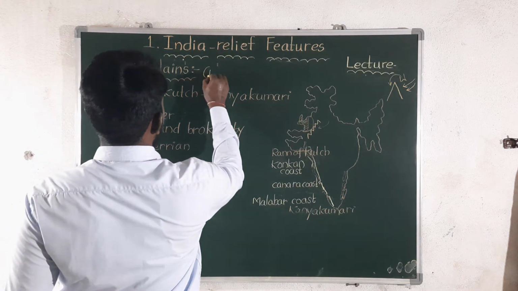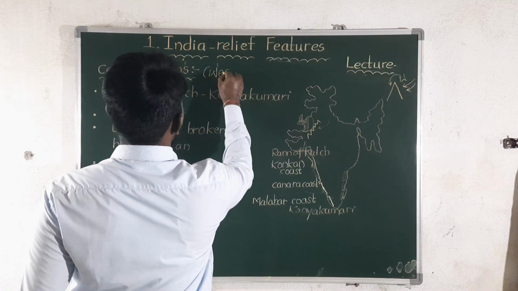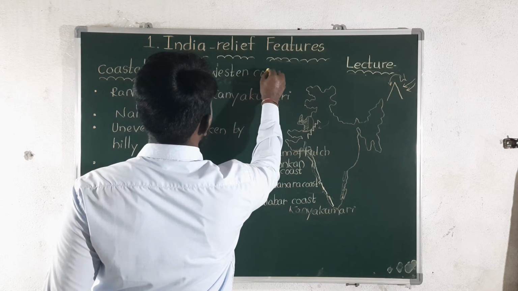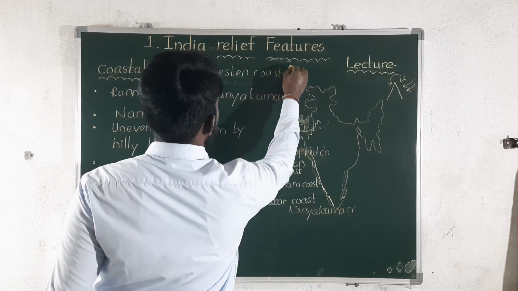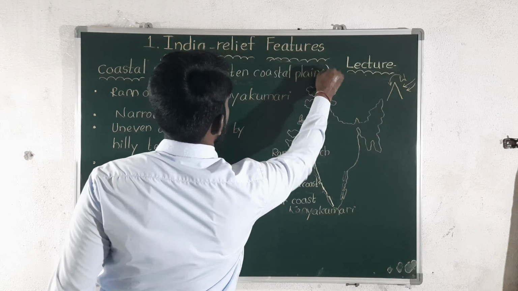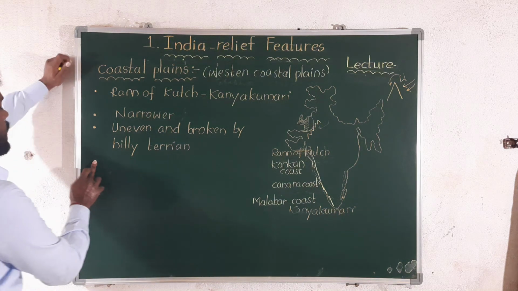All this is about the western coastal plains. Now we'll discuss the eastern coastal plains.